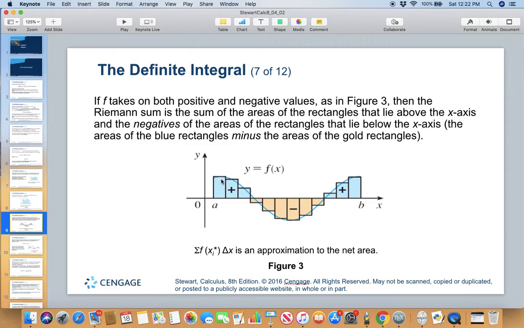So when you are partially above and partially below, what is the integral? Well, you take the areas above, which are all positive, and subtract the areas below. So this minus this. That is what the integral means.